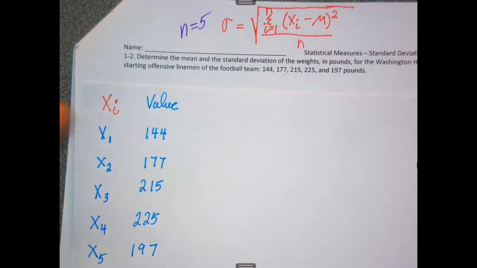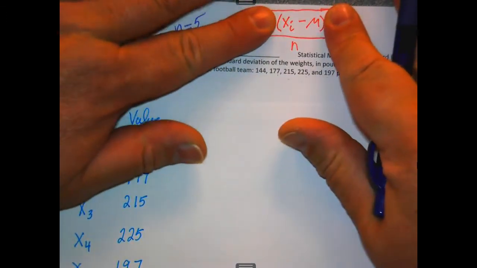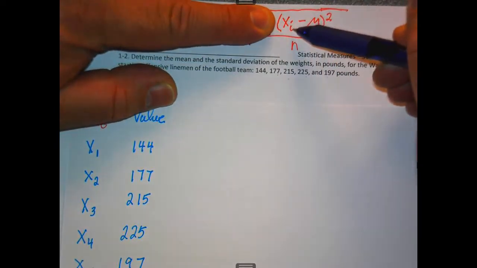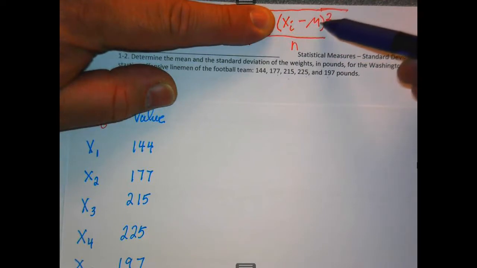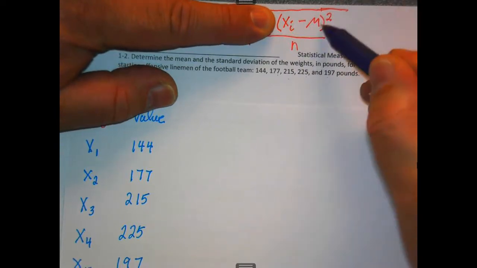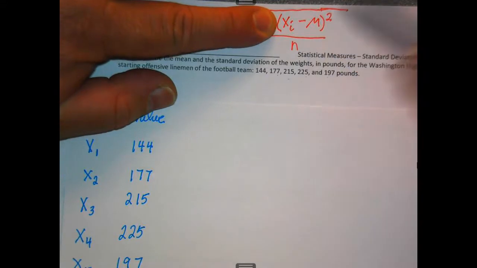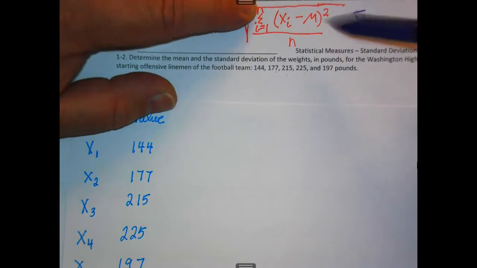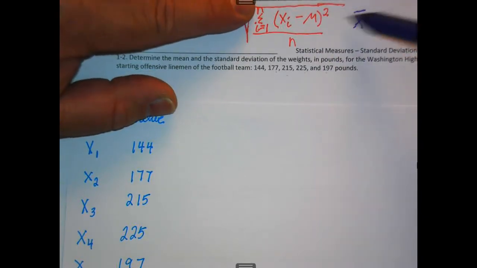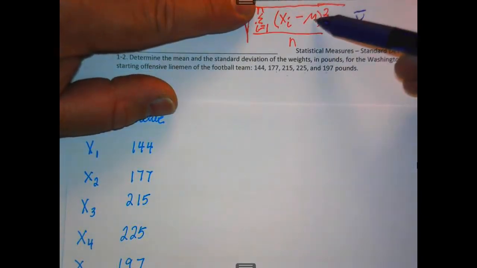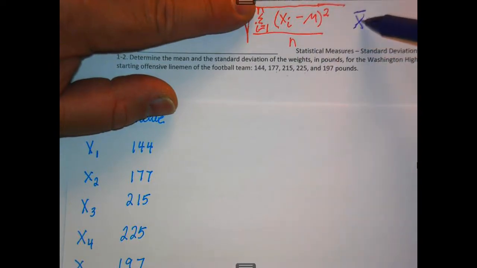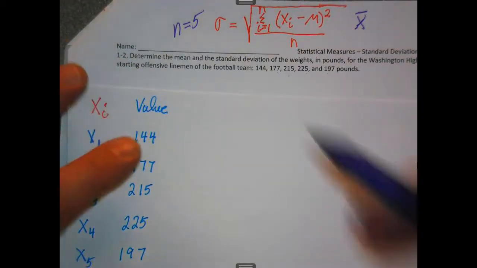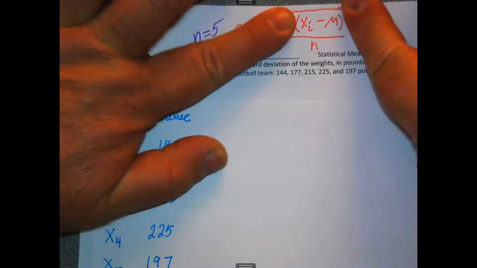So the first thing we have to do is take each one of our x of i and subtract it. Now remember, this will be represented by x bar too. It's just a different symbolization. This is actually the mean of the population. So we have to figure out this part of the equation.